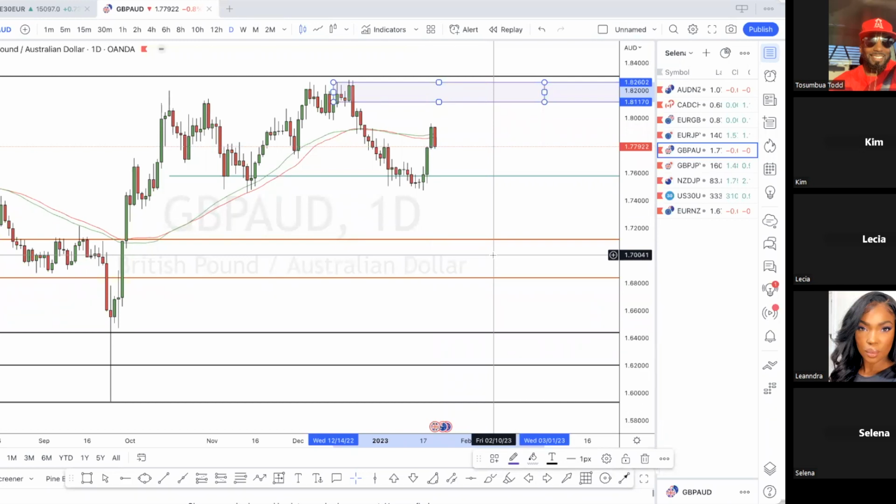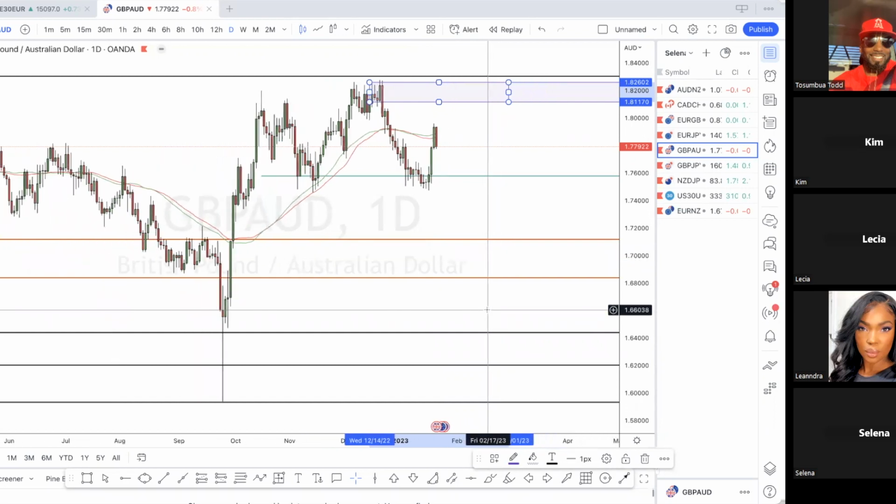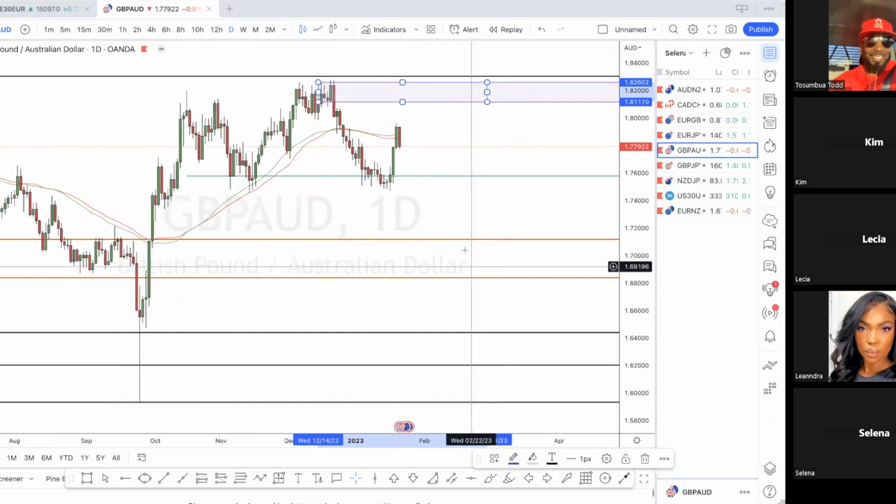Then there's an imbalance right there in that zone too, which lines up perfectly, in the golden zone down at the bottom. So I think that's probably what I would wait to see. Whether it happens or not, who knows? But whenever I looked at this, that's what I thought.